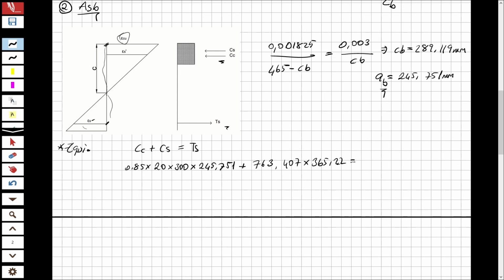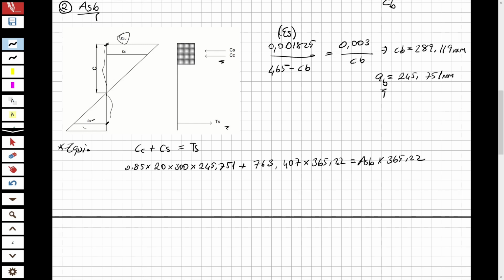Okay, so ASB, we don't know the balanced steel area for the bottom steel, for the tension steel. So multiplied with 365.22. Why? Because we assume that here, look at here, this is epsilon S. So that means that we assume that it is yielded.